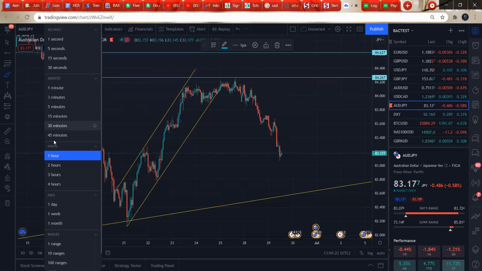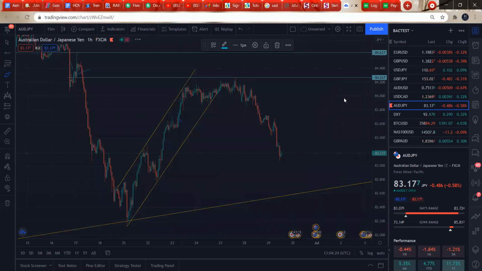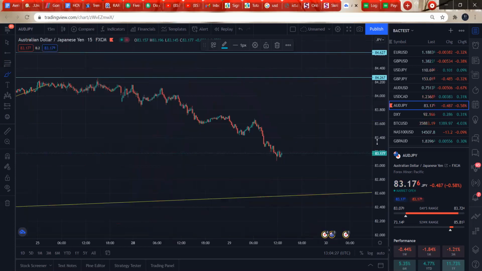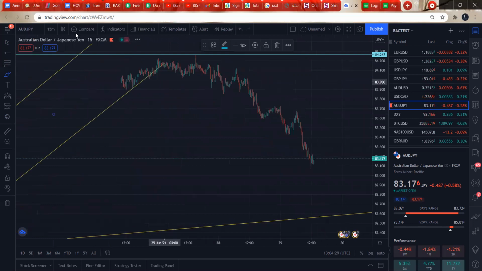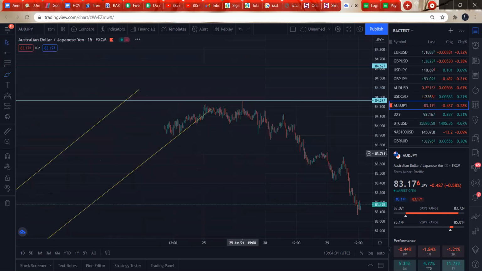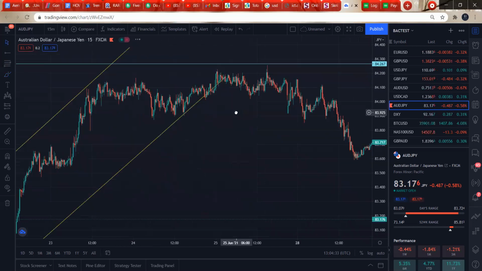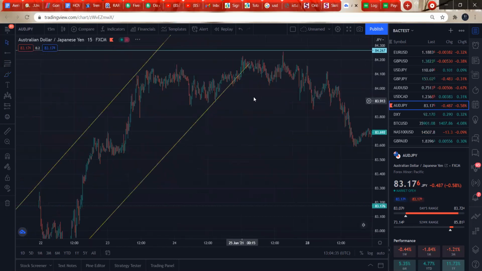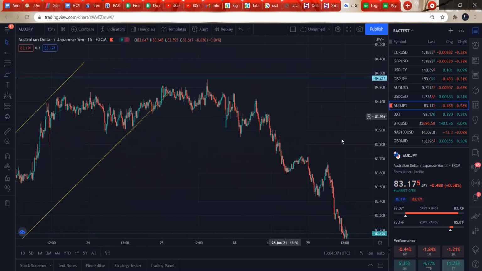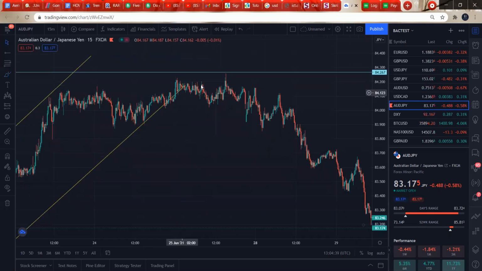Let me go to the smaller time frame again. So this is the 15 minutes chart. You can see just here, there's a double top formation on this M15 chart.